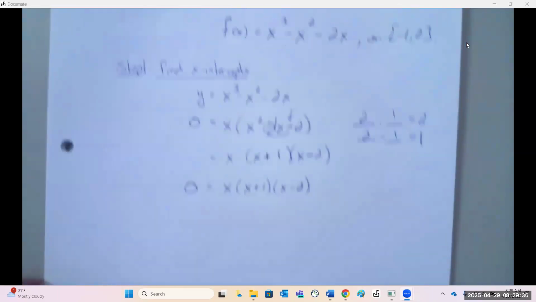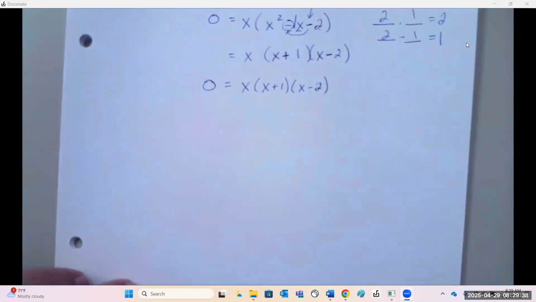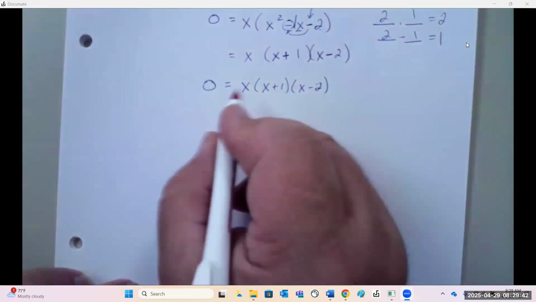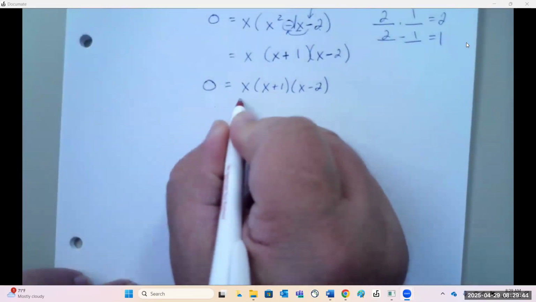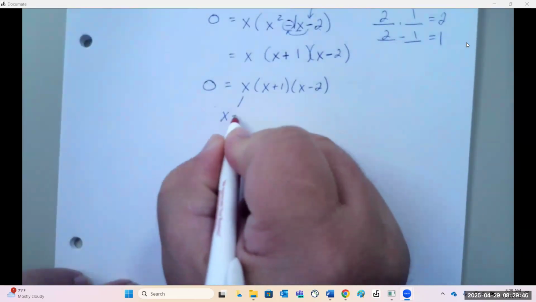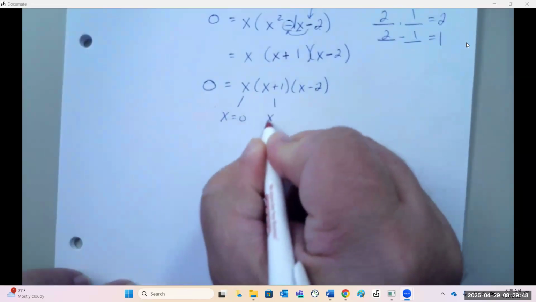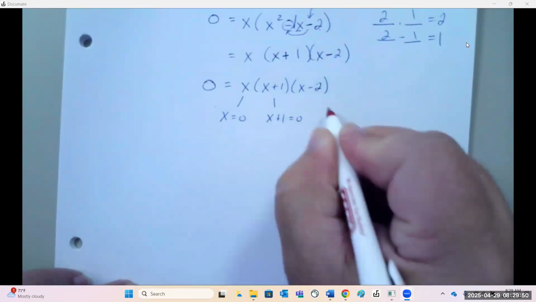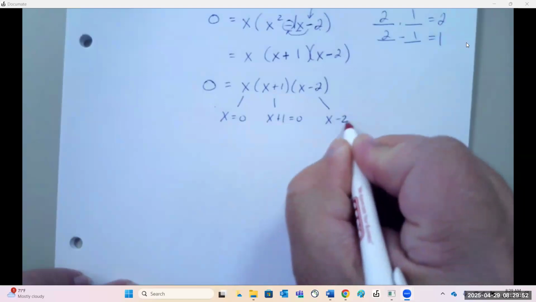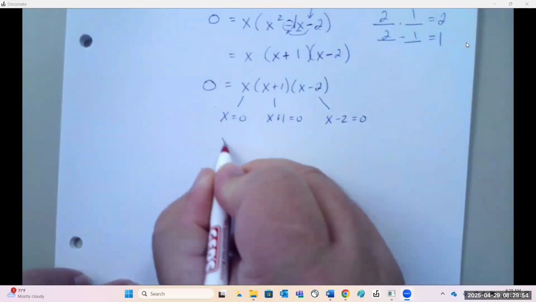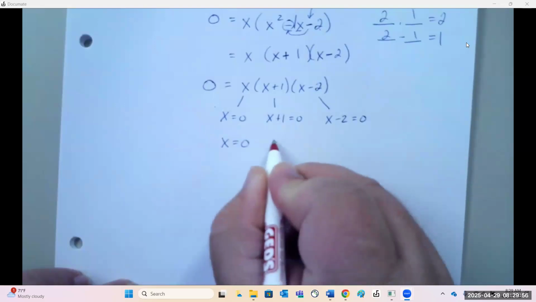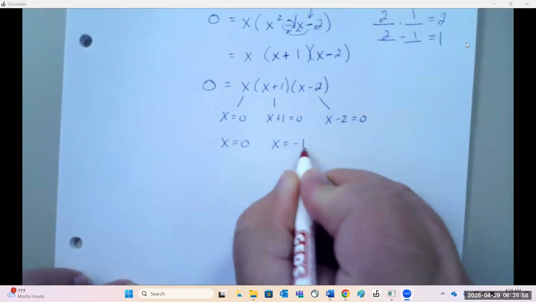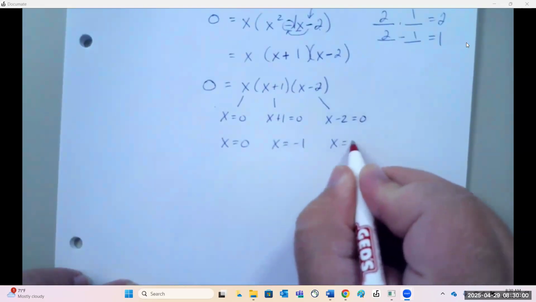Remember, set them equal to 0. Now my x-intercepts are, I set each of these equal to 0. So x equals 0, x equals -1, x equals 2.